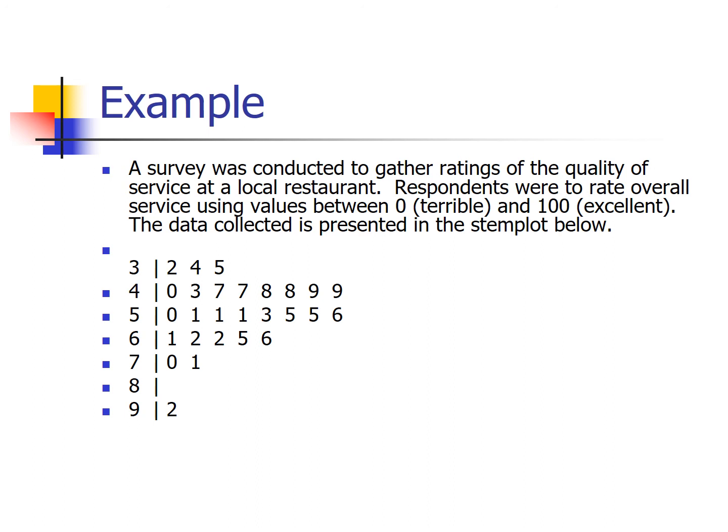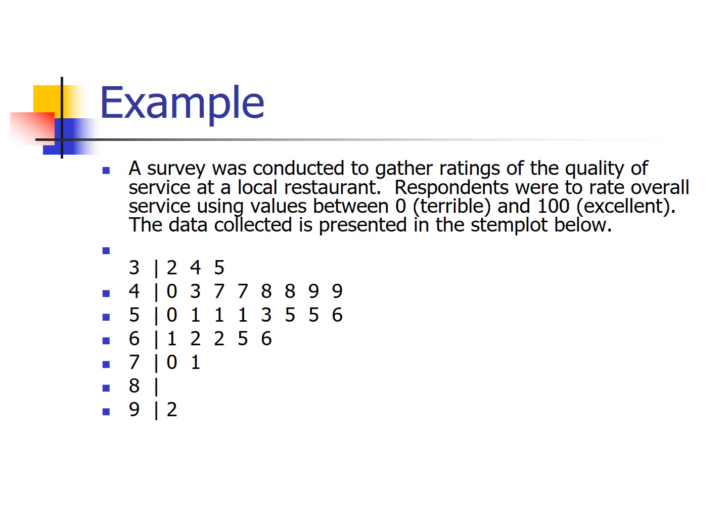The numbers to the right are called the leaves. They're the numbers that you pair with the stem to get the actual observation. So let's go to the 30s. Let's go to that top row. There's a 2 there. That 2 pairs up with the 30 to create the value 32.